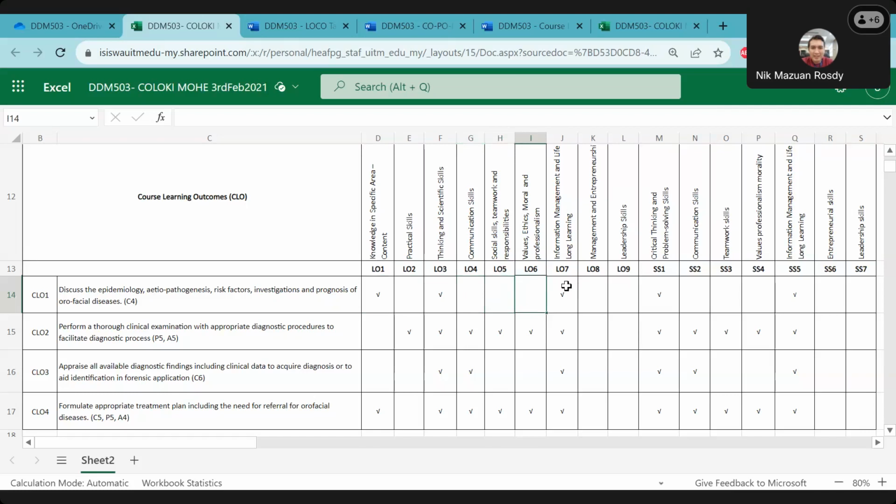Information management, lifelong learning dia boleh take because dia tahu macam mana nak ambil, nak cari knowledge tu. Okay, so I think if you have C4, you can either map to LO1, LO3 and LO7. Again, LO3, LO7 ni dia adalah considered also as a soft skill by the Ministry of Higher Education.